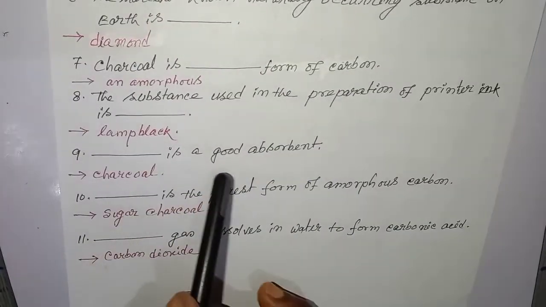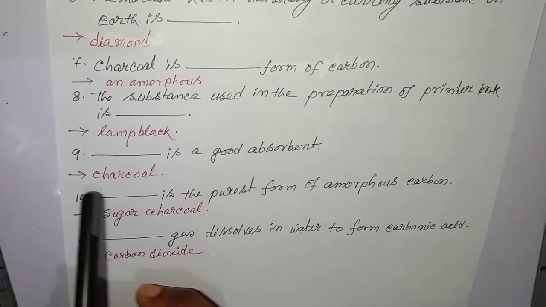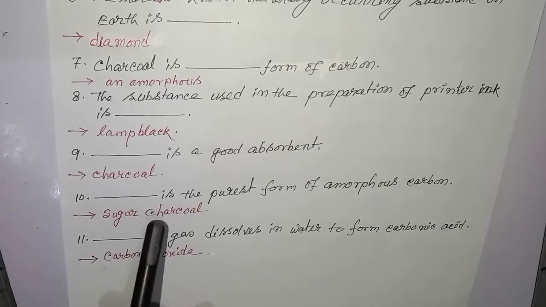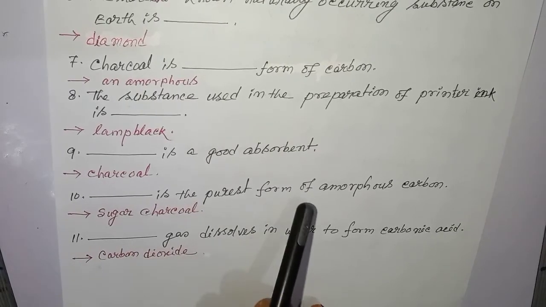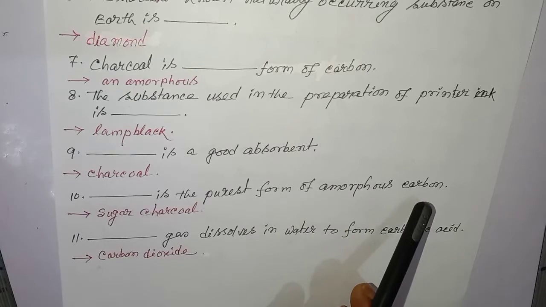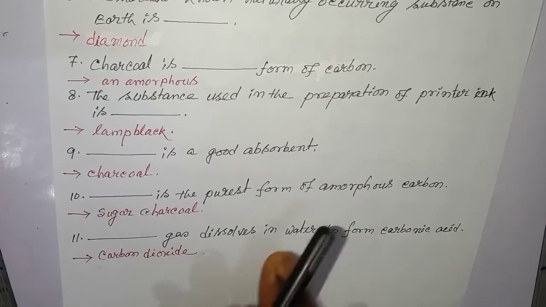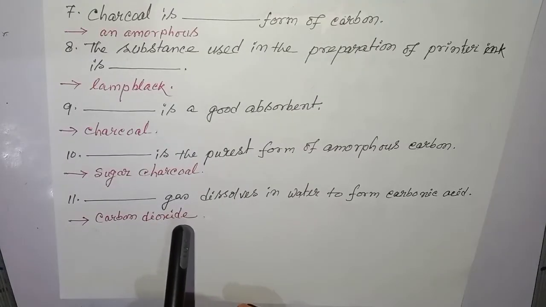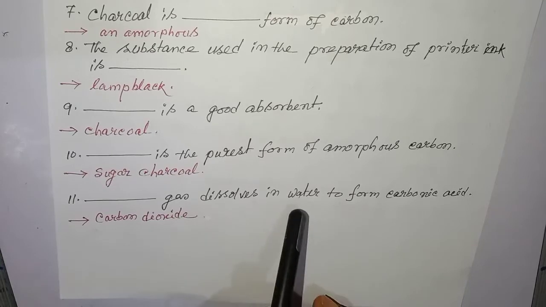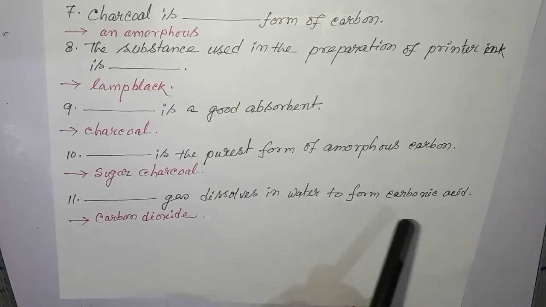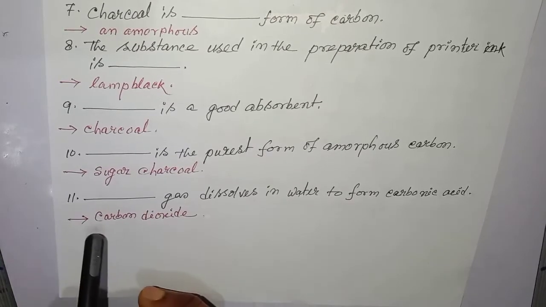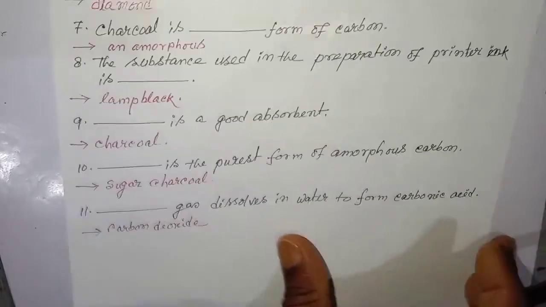Dash is a good absorbent, charcoal. Dash is the purest form of amorphous carbon, sugar charcoal. Dash gas dissolves in water to form carbonic acid, carbon dioxide.